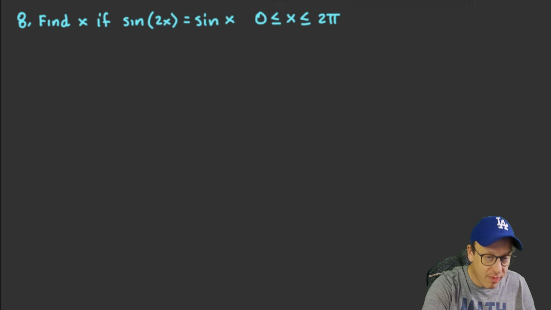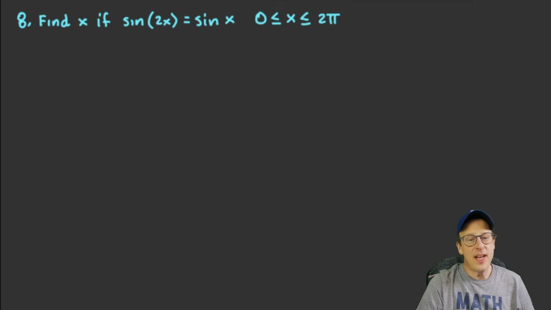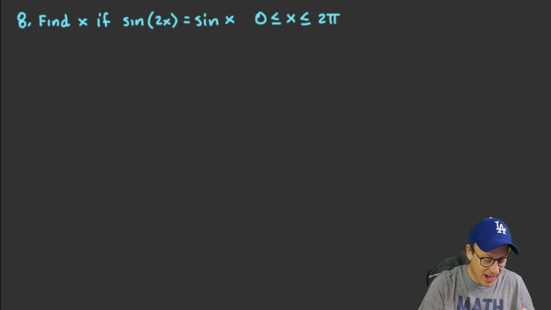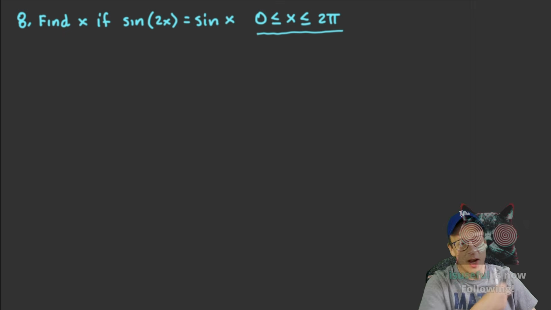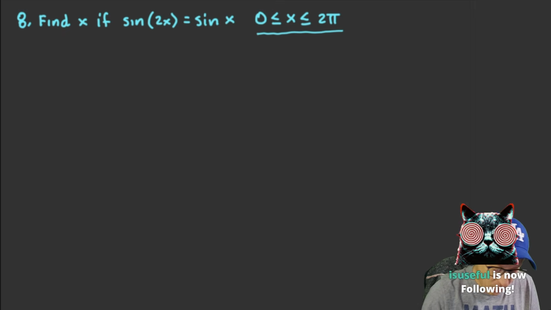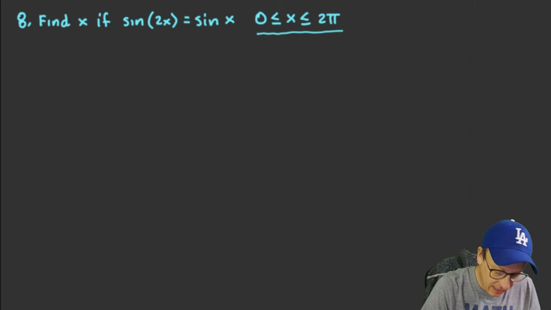Okay, so for the very final problem, I have to find x if the sine of 2x is equal to sine of x. Okay, so this is asking me to find a range of values that are going to work with this function. And they have to fall in this limited range between 0 and 2 pi. Okay, so what I'm going to need to do here is I need another rule. And this one's called the sum to product identity.